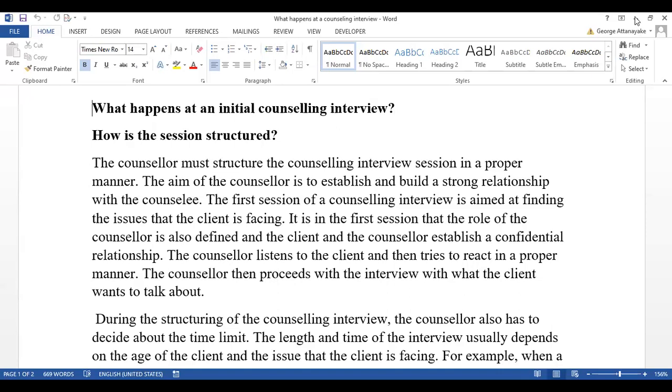What do you mean by structure in the counseling interview? The counselor must structure, must plan the counseling interview. What kind of things does he have to structure? How to guide the counseling session?